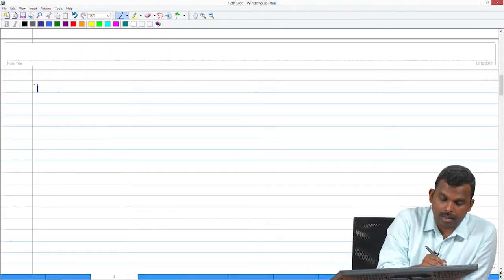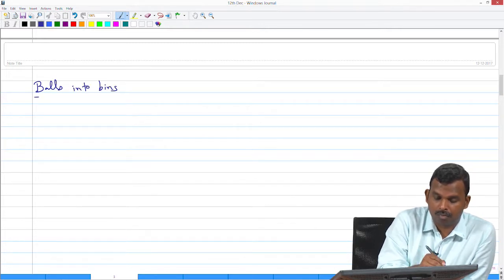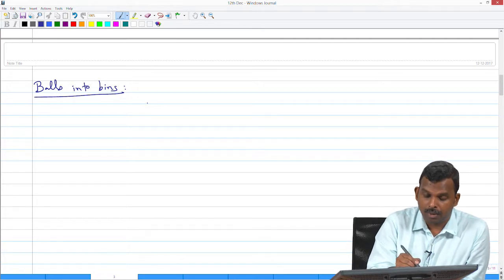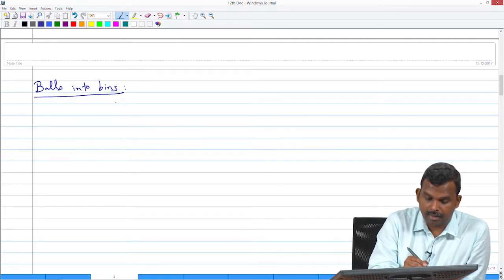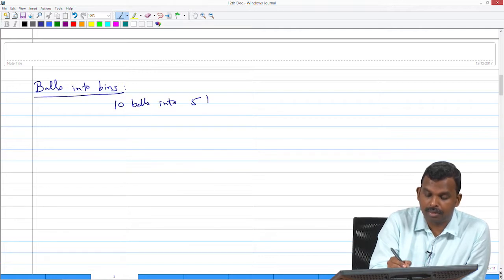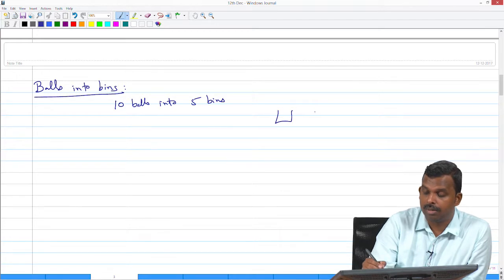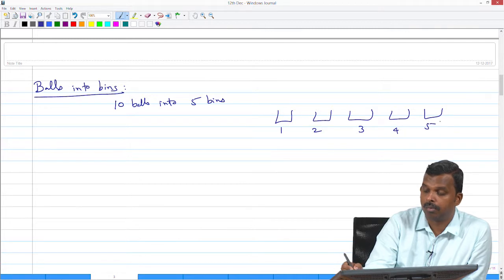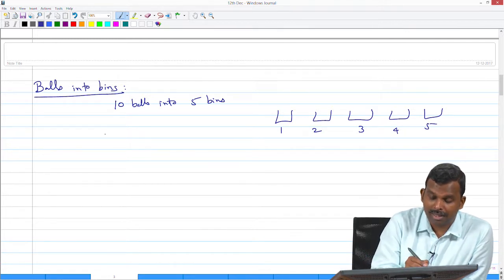So, if you are throwing, let us say, 10 balls into 5 bins, 1, 2, 3, 4, 5, I am interested in a success event, which is that the ball went into bin 1.